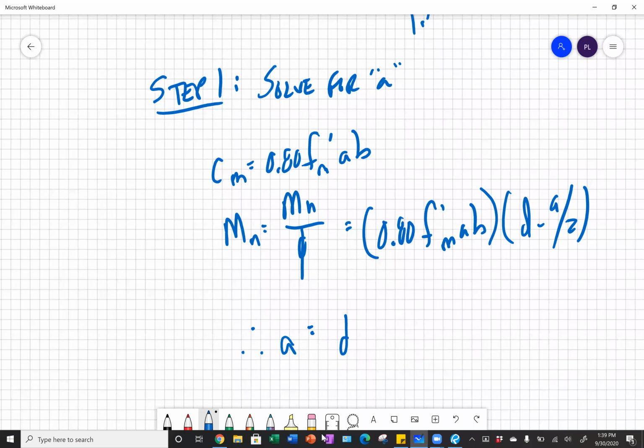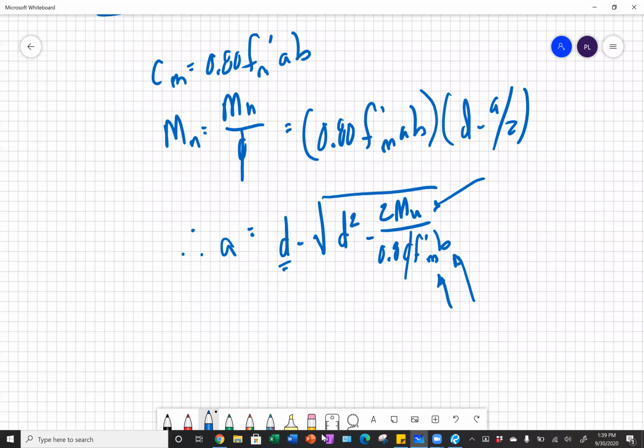And so as long as we know d, the effective depth to our reinforcement, Mu, like I mentioned, our factored moment on our section, f'm, our compressive strength, and b, the width of our beam, which is typically the width of our wall, we can solve directly for A.